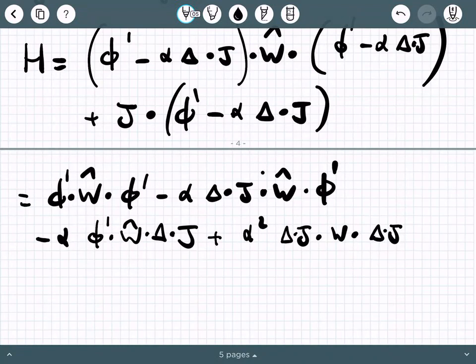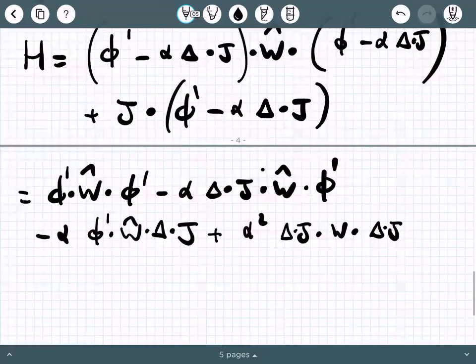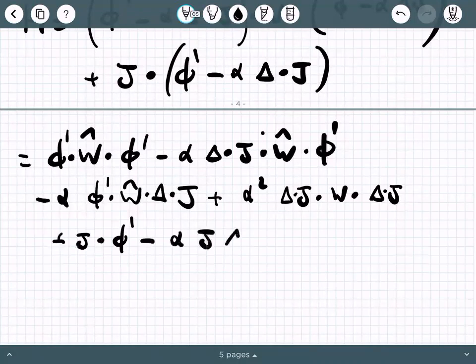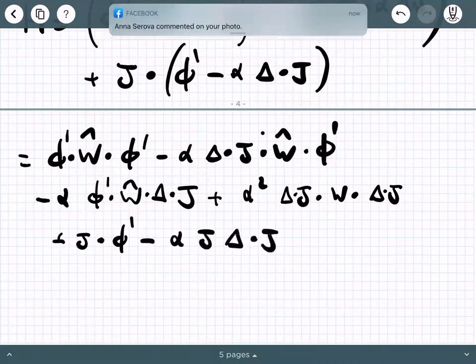I'm just saving time here. Every time you see a dot, it's a convolution or an integral, okay? And then, of course, you have the last line. I'm going to get J phi prime, sorry, plus J phi prime and negative alpha J delta J.